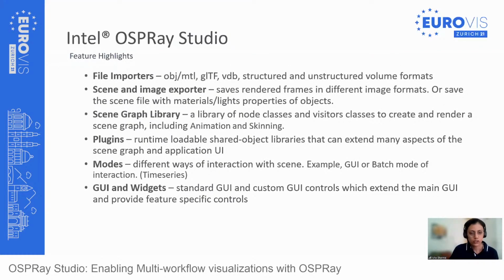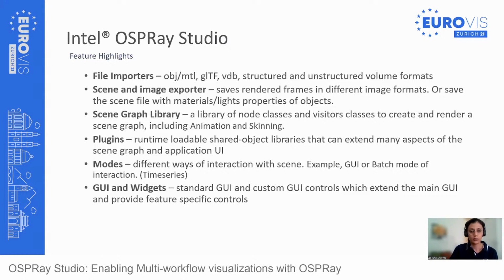These are quick feature highlights of OSPRay Studio. It provides file importers for both surface-based visualization and volume-based visualization in OBJ, GLTF, VDB, structured and unstructured volume formats. Then there is also the possibility to export the rendered frames as images and scenes.